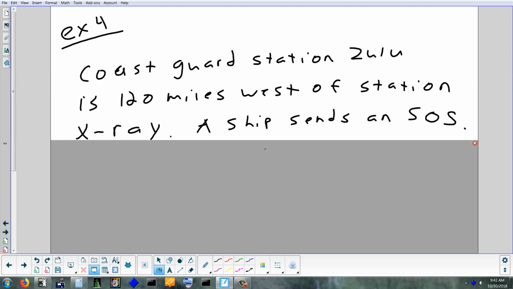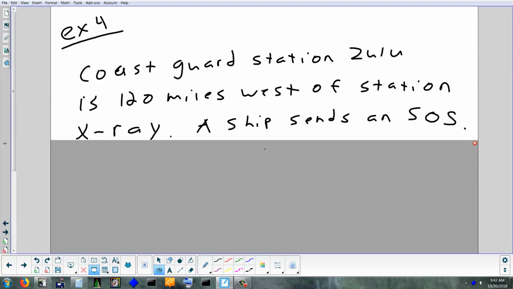So you've got two Coast Guard stations, and a ship sends out an SOS. Let's say that they send out the SOS using a light on their ship. They don't have a radio. It doesn't work, it broke. Someone dropped it. Their GPS doesn't work. They threw it overboard for some reason.